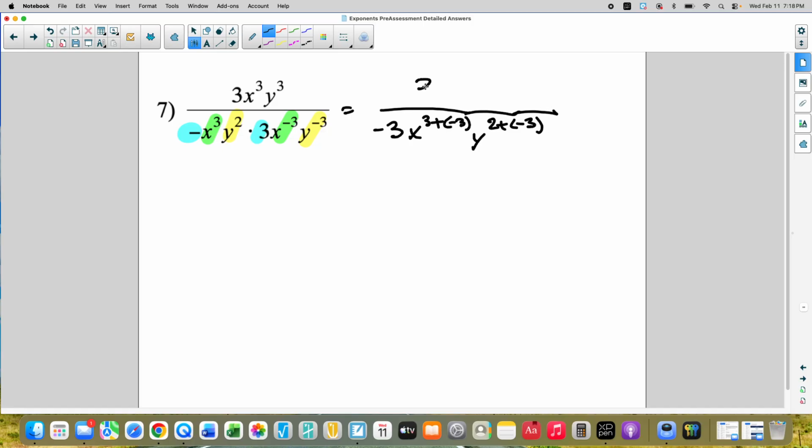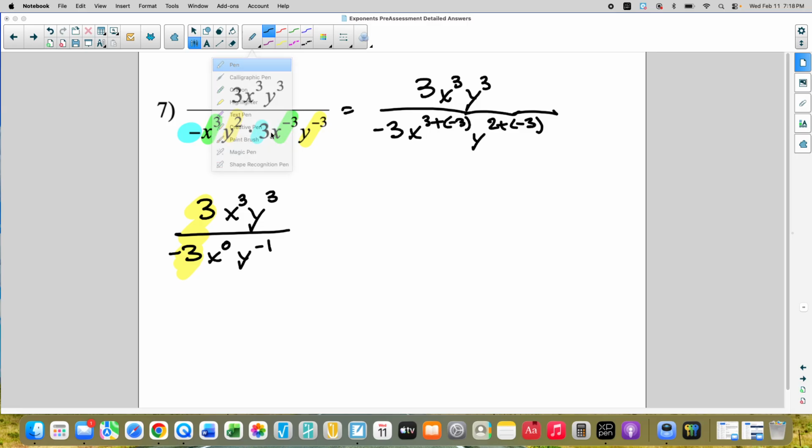And that's all over this. This stays the same. We haven't touched this yet. So let's simplify that. That's -3x to the 3rd, y to the 3rd over, so that's -3. That's x to the 0. This is y to the -1. So let's deal with the coefficients. This looks like problem number 3. Coefficients, that makes -1.